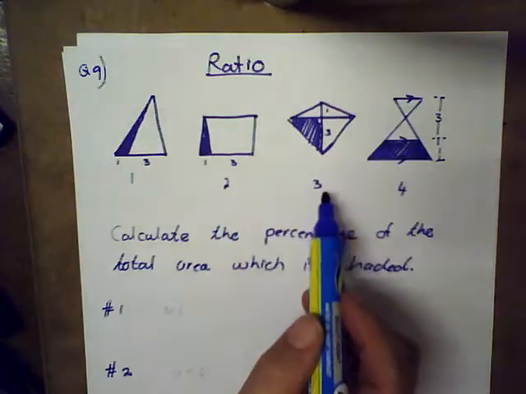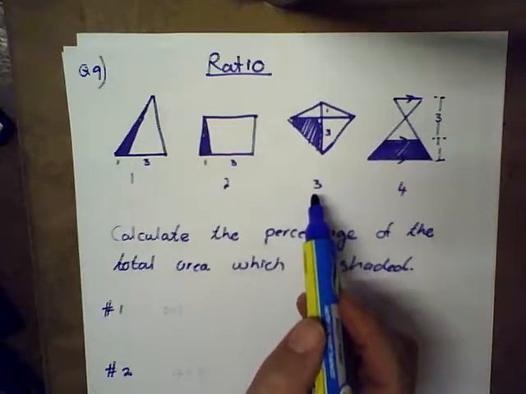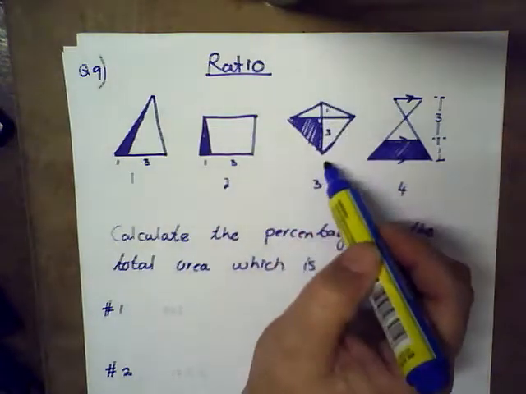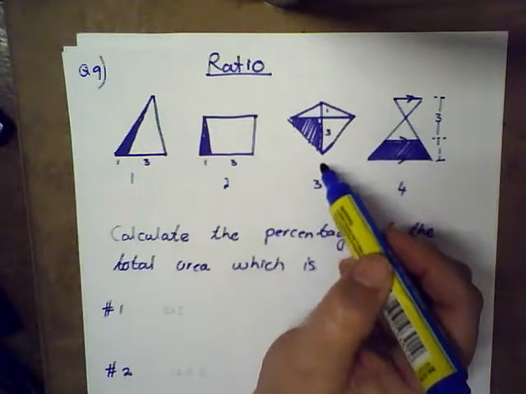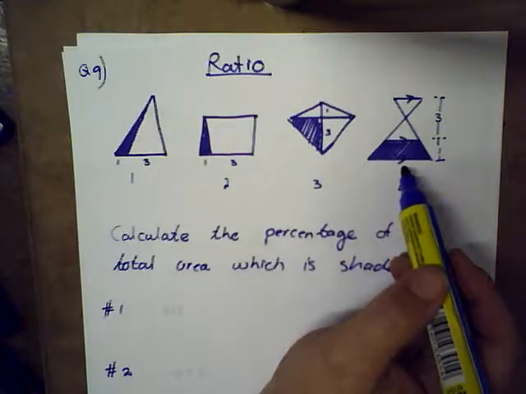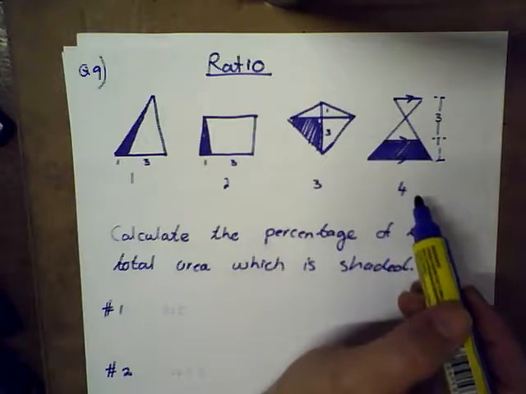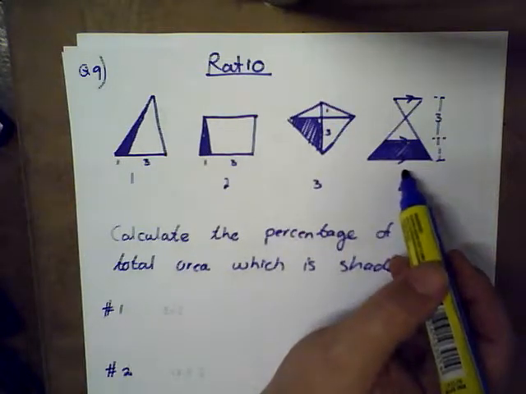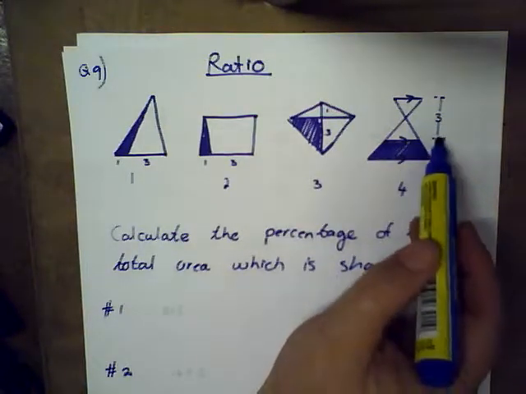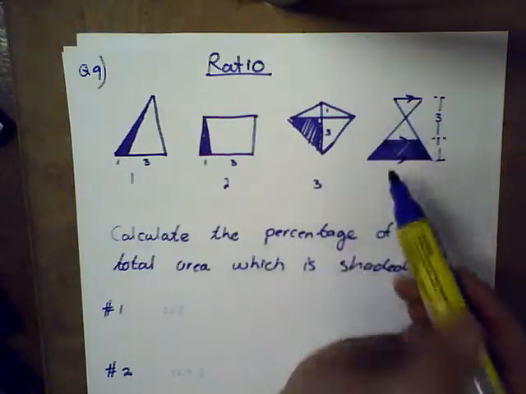Diagram 3 shows a kite with a diagonal divided in the ratio 1 to 3. And diagram 4 shows two congruent triangles and a trapezium, each with a height of 1 unit.